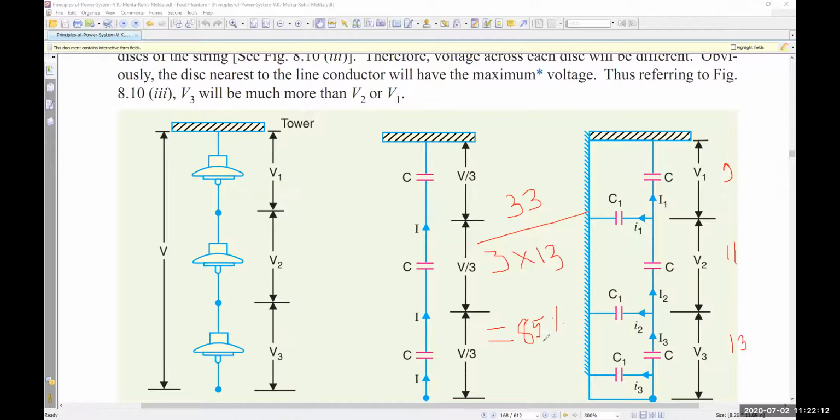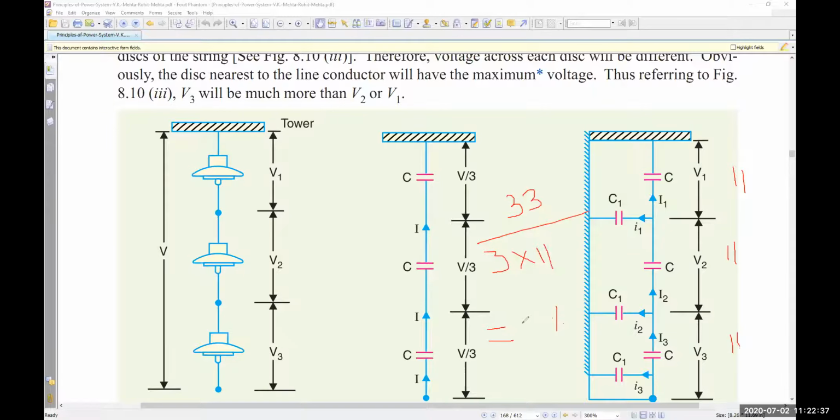So it is less than 100%. So we can say the later portion of our string is having stresses, right? Now think about this. If this is not 9, if this is not 13, if they are all 11, 11, 11, what will be the answer? 1.